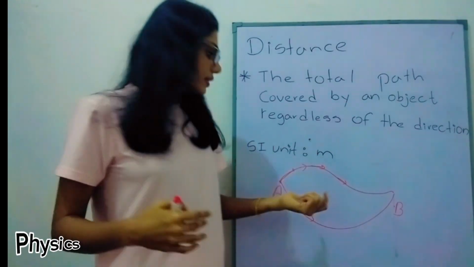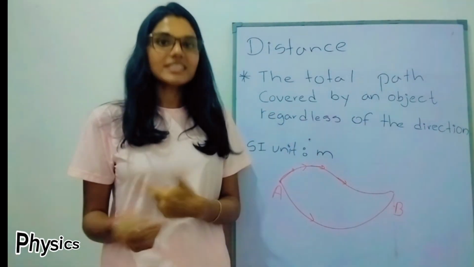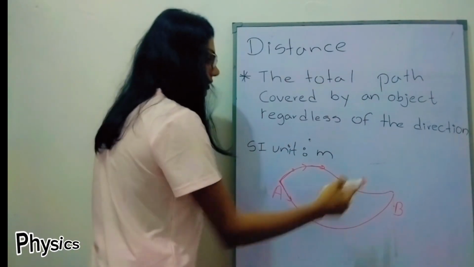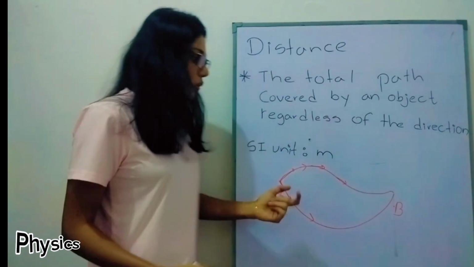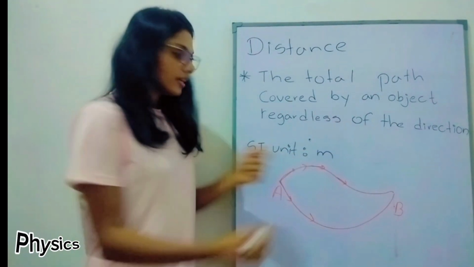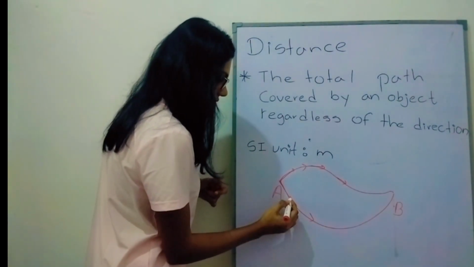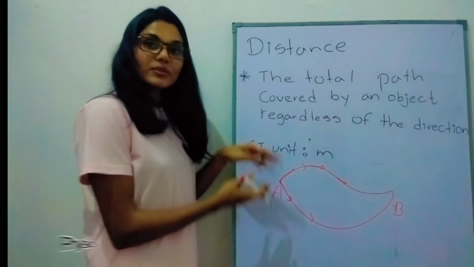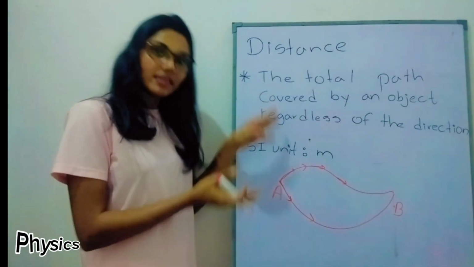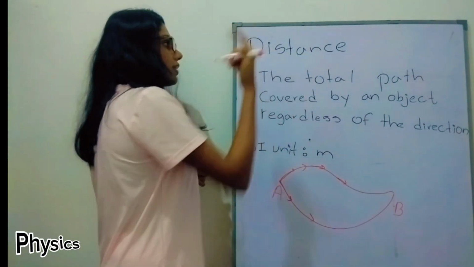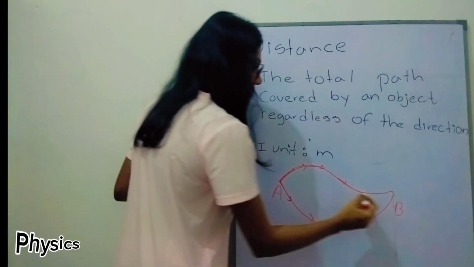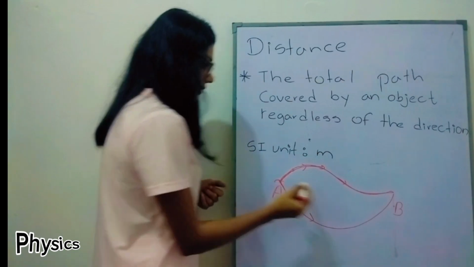Likewise, the direction is changing from time to time. And also we can use the other path to go to point B. In this way, at first the direction is this way. So as you can see, we are not considering the direction when we encounter distance. Here we are only considering the path length.